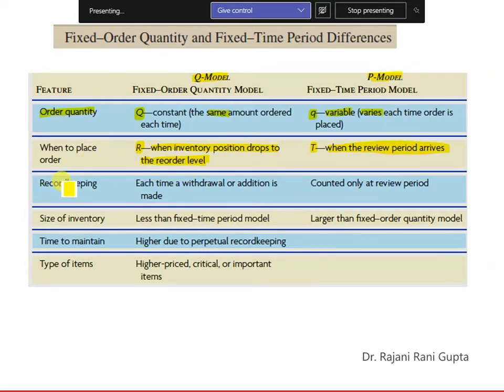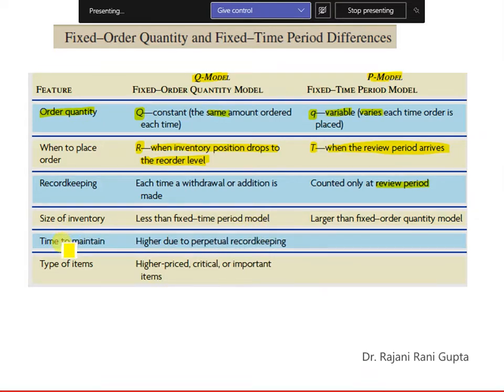Similarly, for record keeping, in the Q model each time a withdrawal or addition is made it is recorded, whereas in the P model it is counted only at the review period. Another basic difference depends upon the size of inventory. It is generally less than in the fixed time period model, and vice versa for the P model, which is larger than the fixed order quantity model, meaning the Q model.